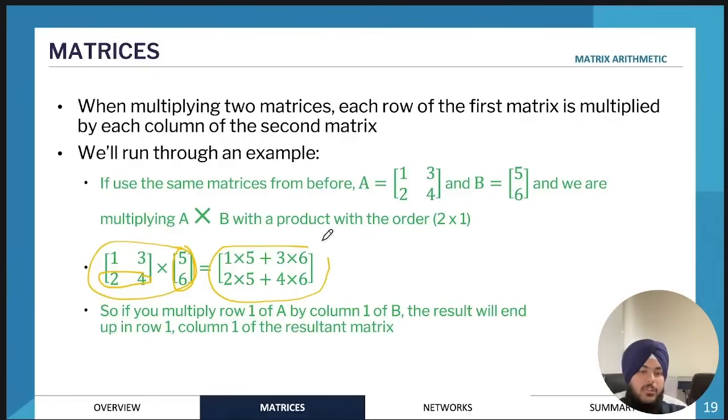But what VCAA likes to do in order to test this is ask you, how did you find this element? And then you will show this particular working out. So 2 times 5 plus 4 times 6.